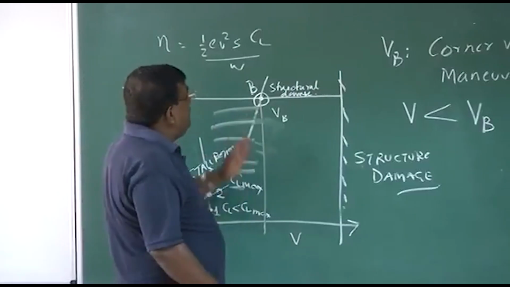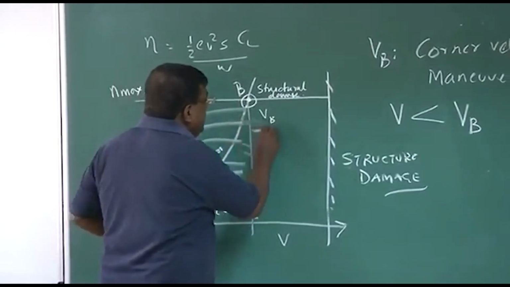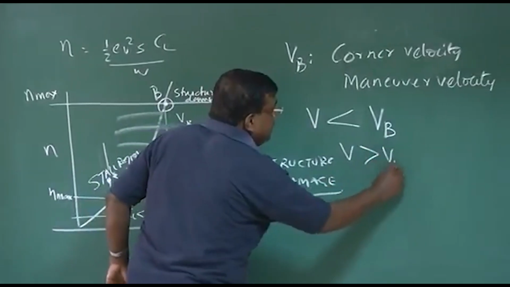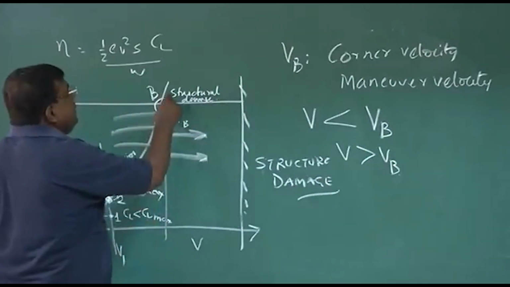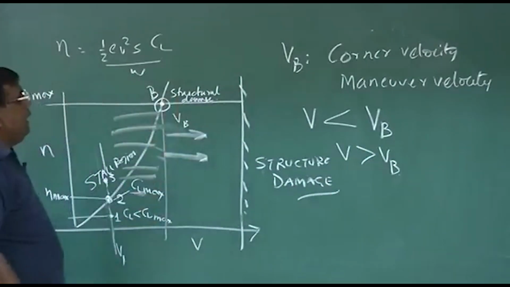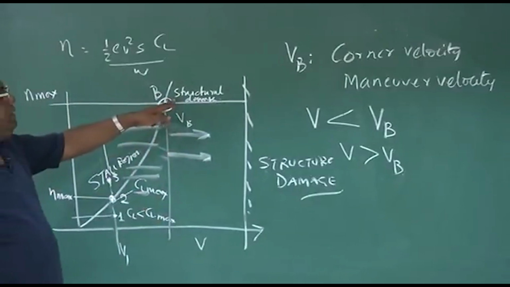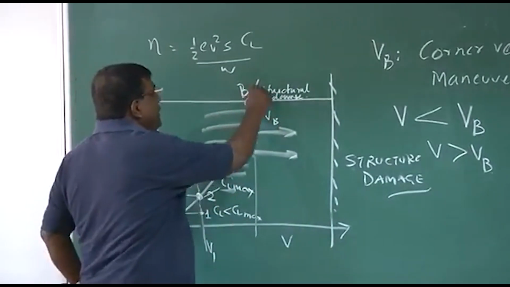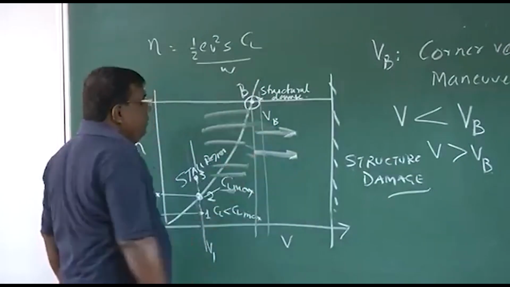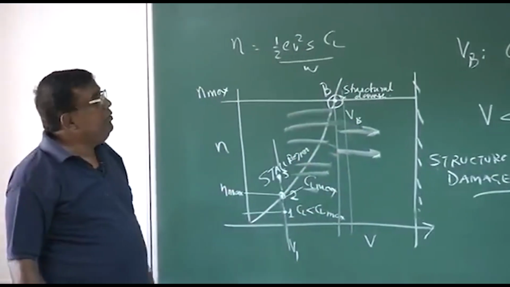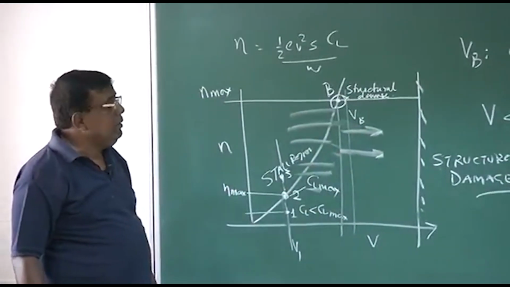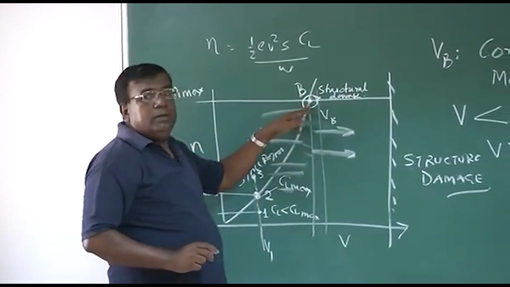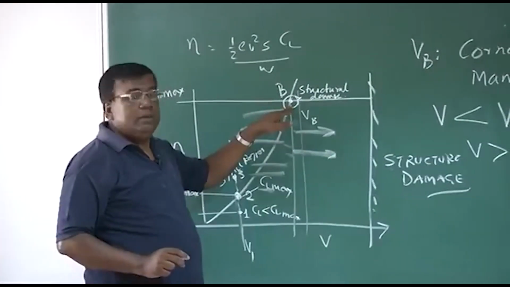But if I am flying in this region, that is when V is greater than VB, then there is every possibility that I can damage the structure. Because once I try to fly here, I am going into that region which will cause structural damage. That is why this VB is very important. The pilot will be aware of this speed.